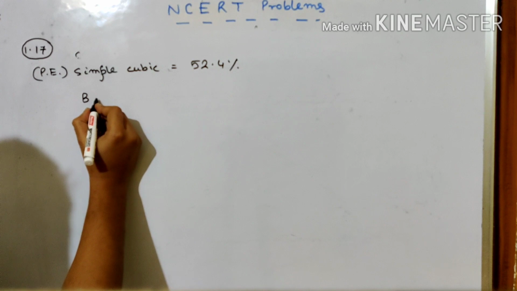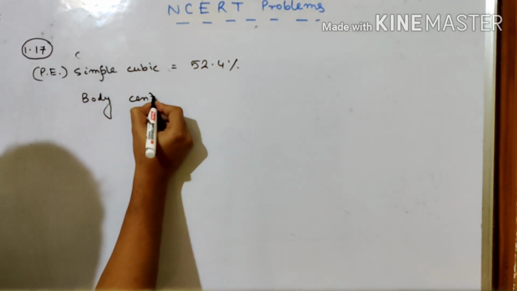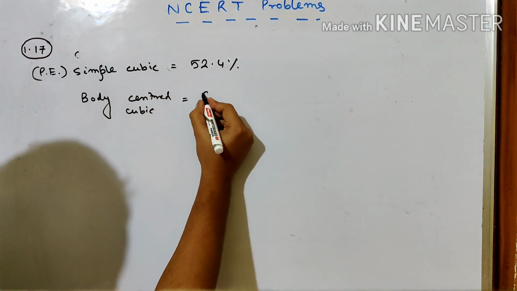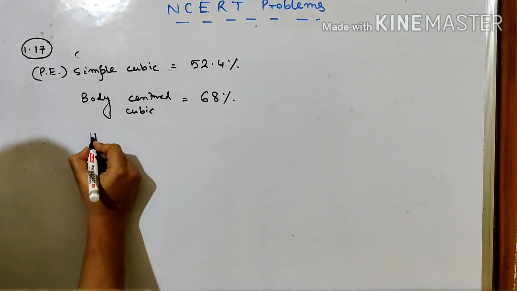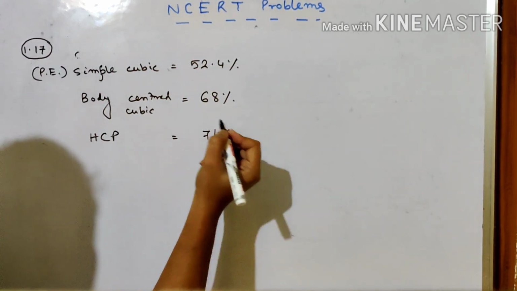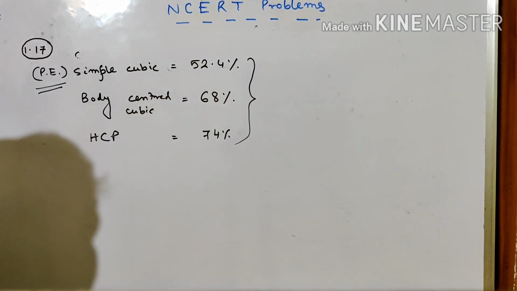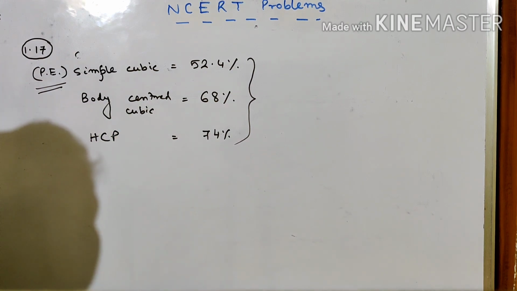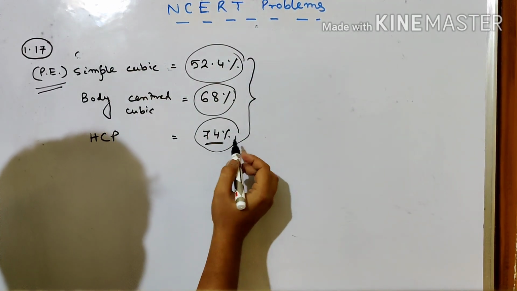For body centered cubic, this value goes up to 68%, and for HCP, hexagonal close packing, it is the same as FCC, which is 74%. So check these values. Packing efficiency means how efficiently it is packed, that is, out of 100% of the volume, how much volume is occupied by the atoms themselves. So here it is highest.